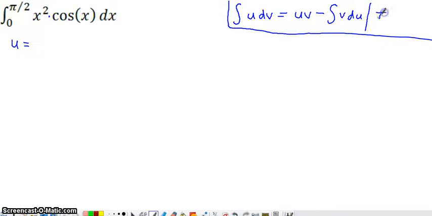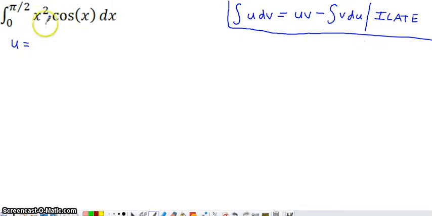So I like to use this little acronym, ILATE, and the letters in this acronym represent different types of functions: inverse trig functions, logarithmic functions, algebraic functions or polynomials, trigonometric functions, and exponential functions. And the closer something is to the front of this acronym, the more likely that's to be let equal to u.